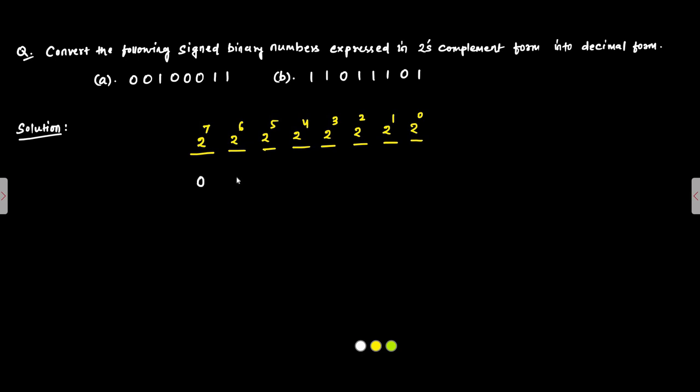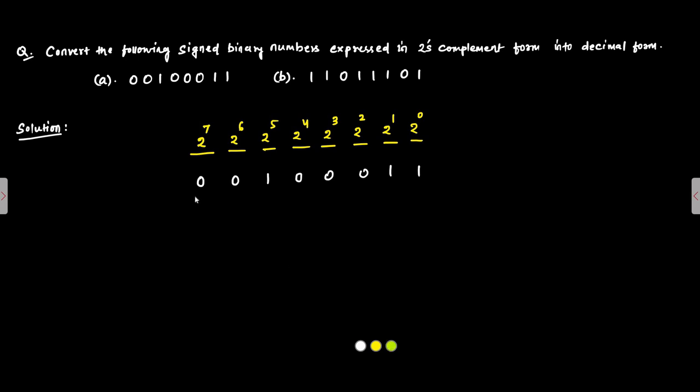Okay, so we'll write the first number, which is 0, 0, 1, 0, 0, 0, 1, 1.